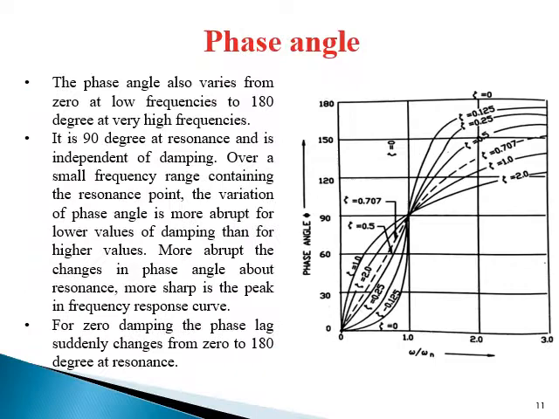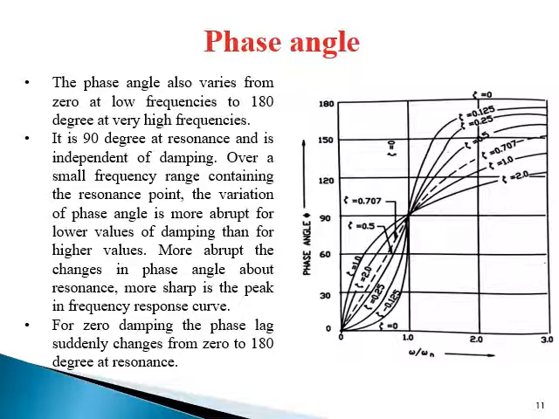Now the second curve shows the phase angles. This curve is the graph of phase angle, which varies from 0 to 180.